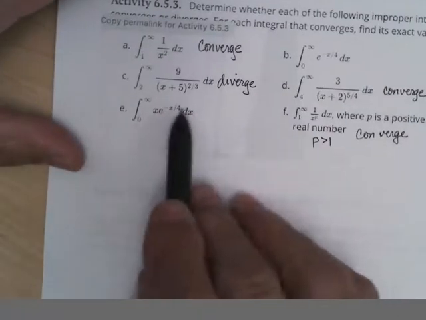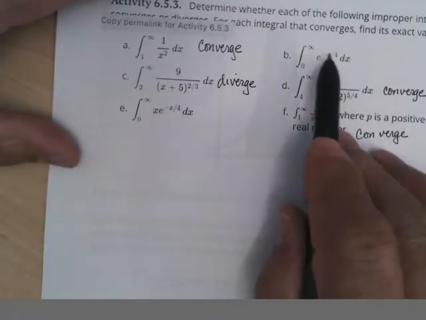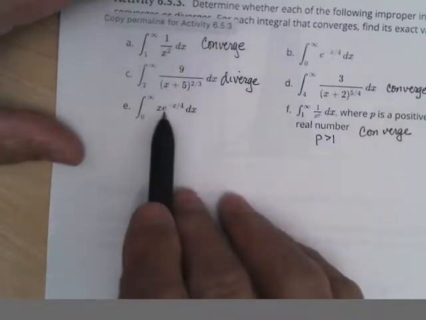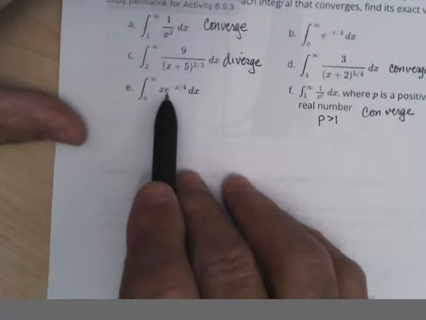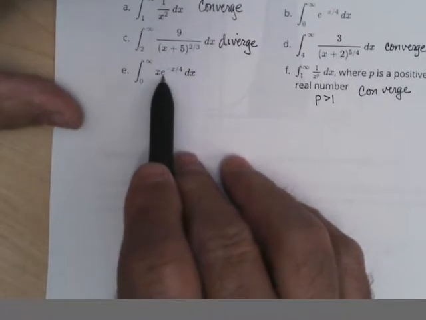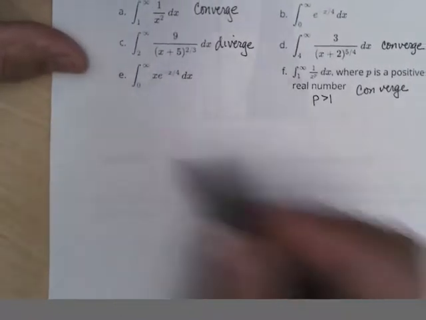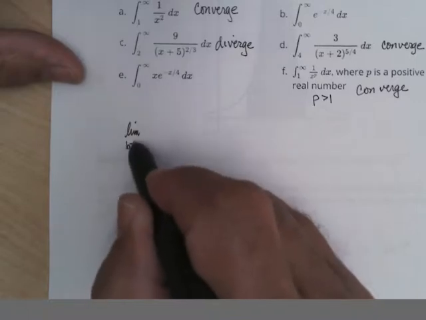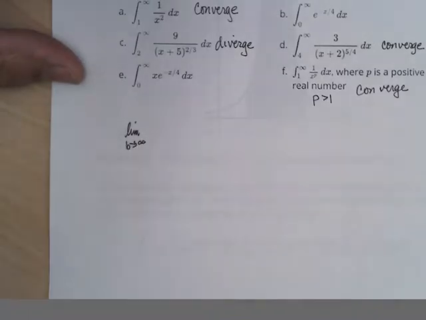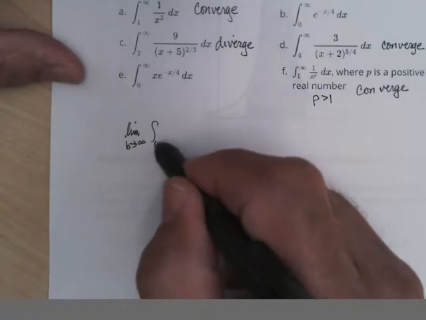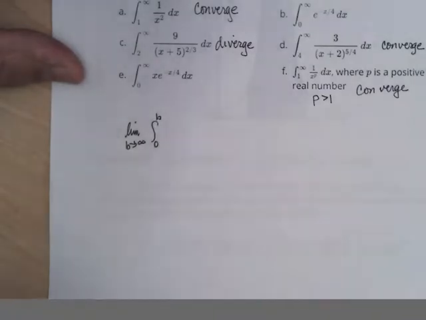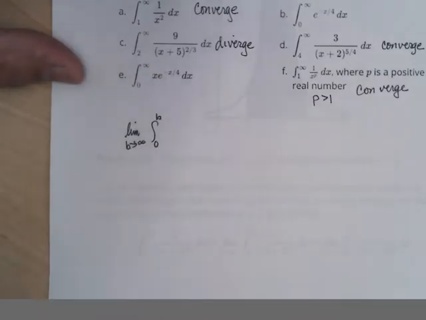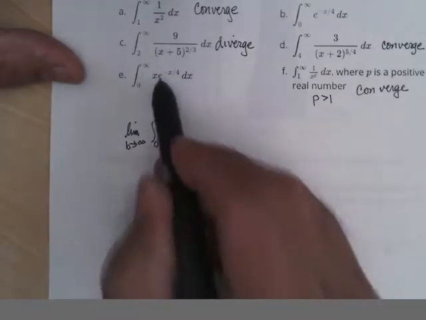Now what about these? Well, that one's easy enough to integrate, and this one is easy enough to integrate. Let's go through and actually do those. So, we'd say the limit as b approaches infinity of the integral 0 to b, or it could be a, and we're going to have to do this one by parts.